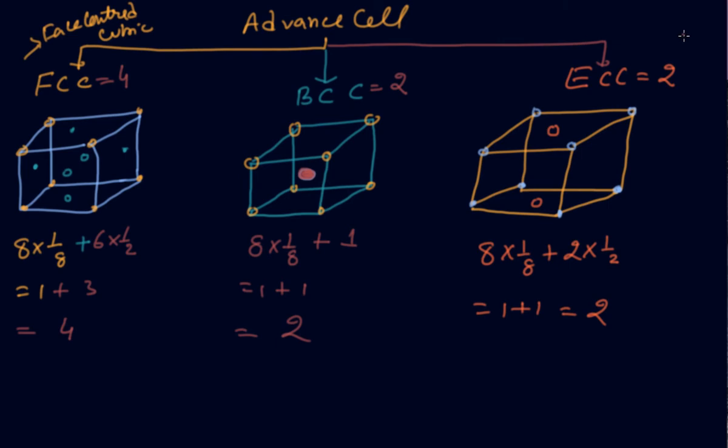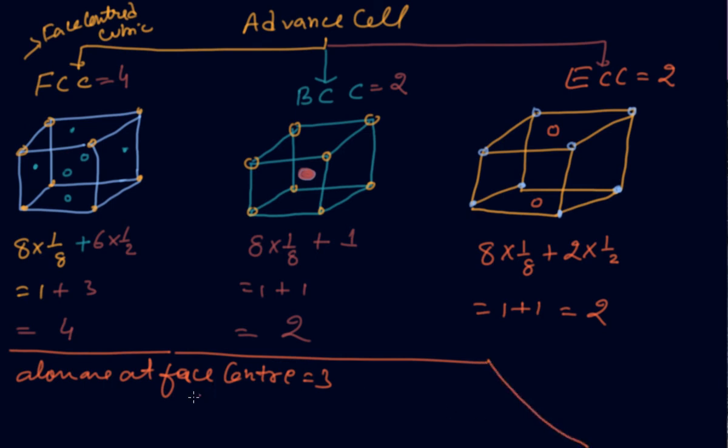Now the question will come on this, and you have to face the questions. He will simply say that atoms are present at the corner, and be careful when you are doing the face center cell. If he says that atoms are at face center, then you take 3.